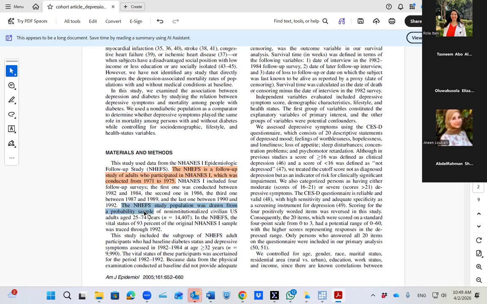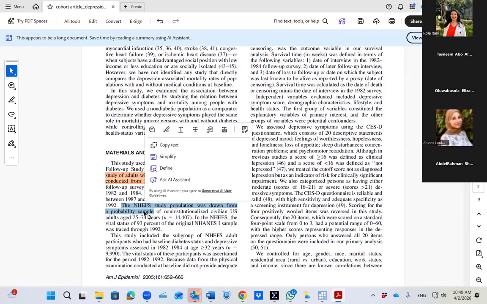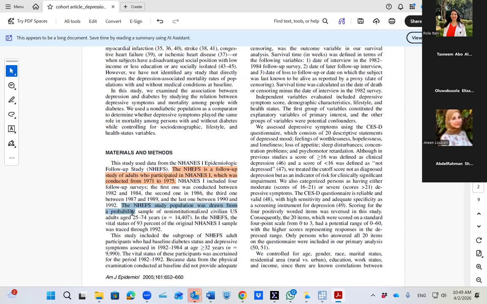It's important to note that the baseline is a probability sample of non-institutionalized US citizens, the age group is 25 to 74, and this is 14,000. The vital status of 93% of the sample was traced through 1992. It's good to know just the result.